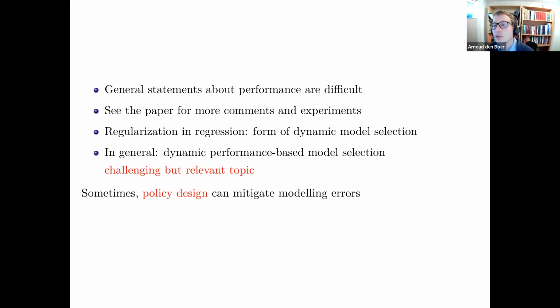It can be that the quality of the estimates of the simple model is very good, but not of the complicated model, if you do pricing with, say, a parametric or a non-parametric demand model. So there are all kinds of complications that can arise, especially if you want to do this dynamically.